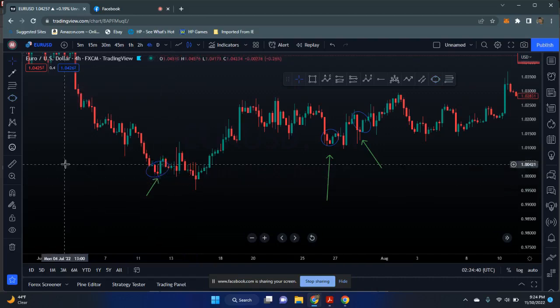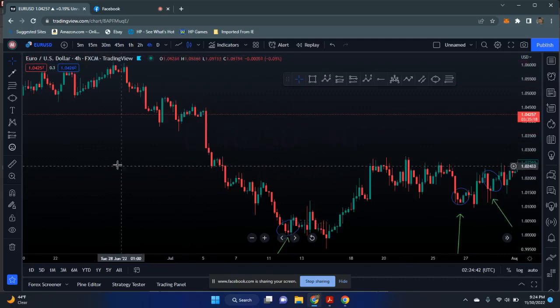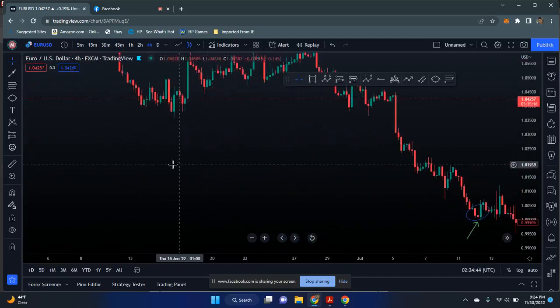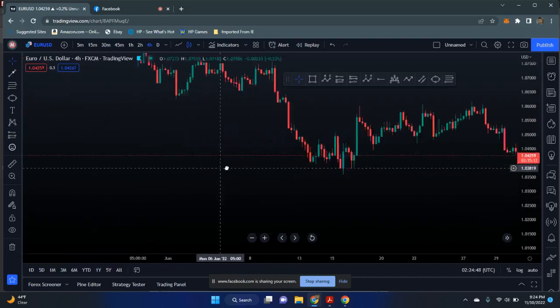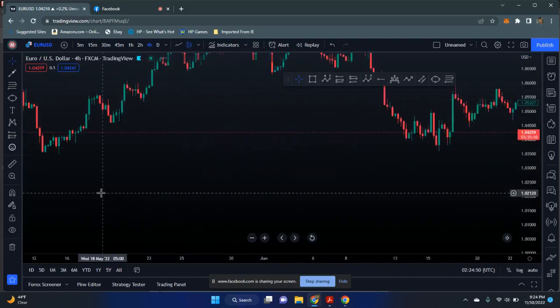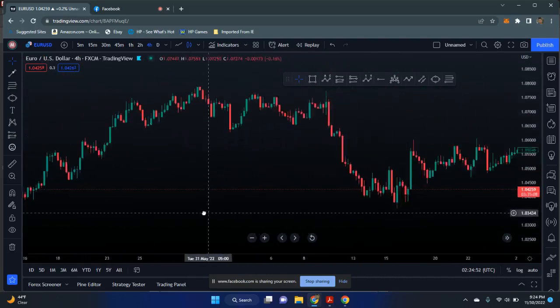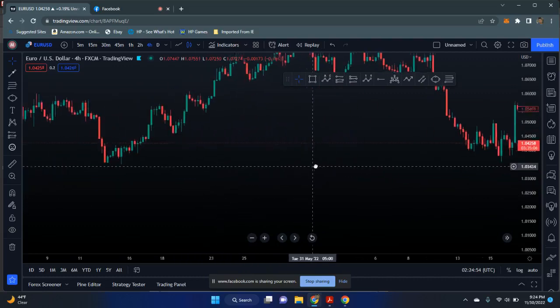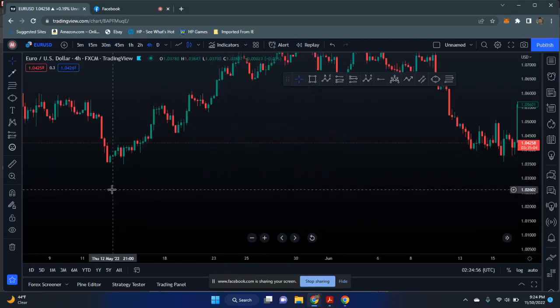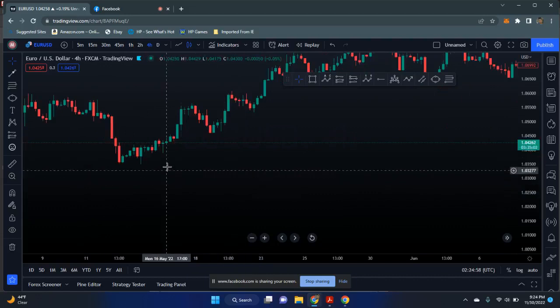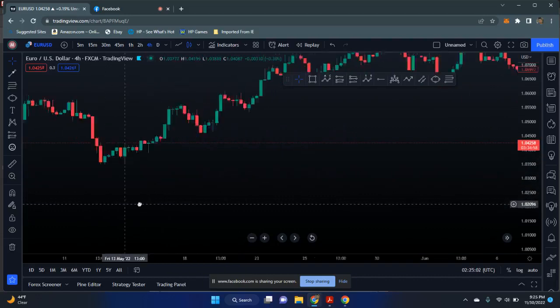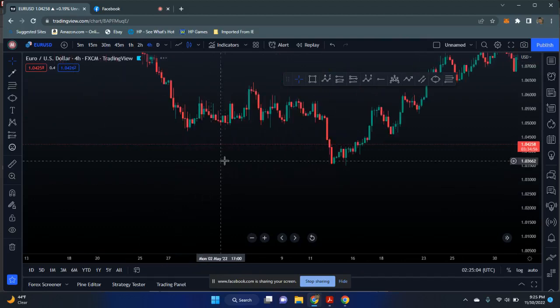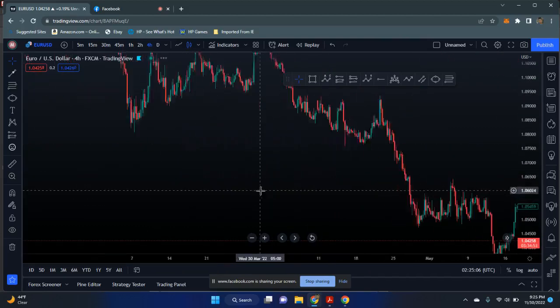Perfect candle formations happen, and it's really good to see on EU, your major pairs. You just gotta know your pairs, guys. But before you know your pairs, you want to learn these candlesticks, because these candlesticks are going to tell you everything you need to know about what the market is doing.